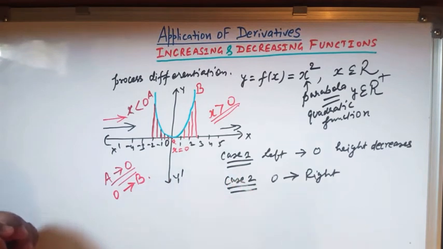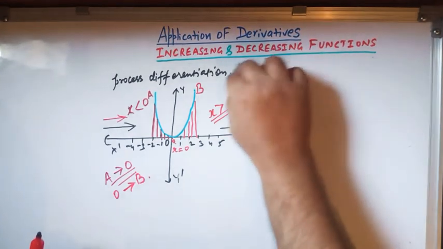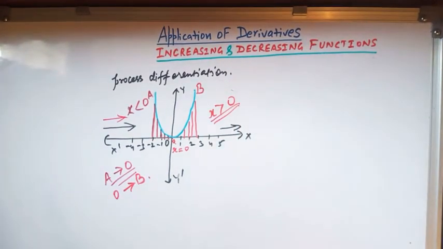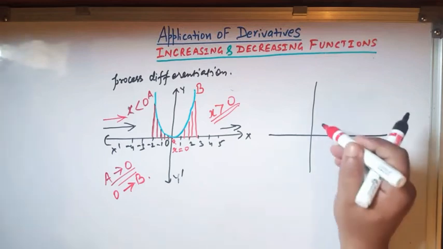Clear? Let me take one more example here, one more graph. Suppose we have a graph like this.